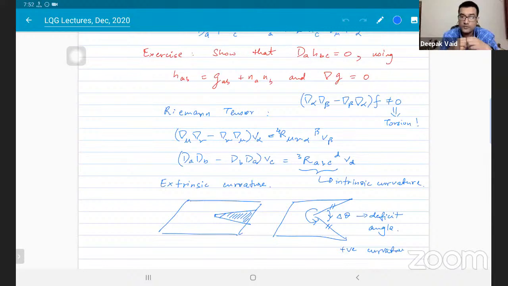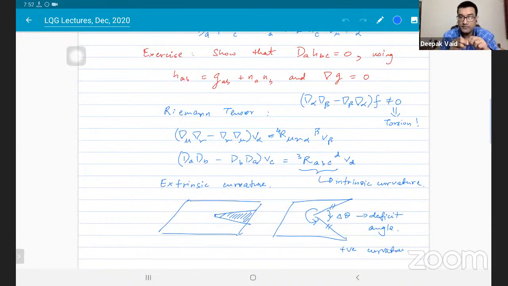Right. In 2 plus 1 dimensions, gravity becomes a topological theory. It doesn't have any local degrees of freedom. But what you can have is defects, point-like defects.